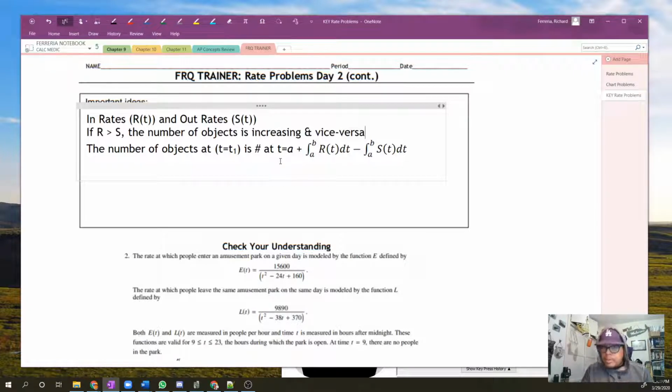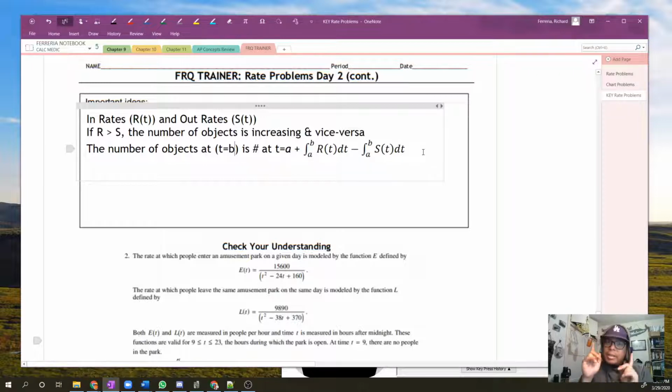The number of objects at t equals b is equal to the number of objects at t equals a plus the integral from a to b of r minus the integral of a to b of s.